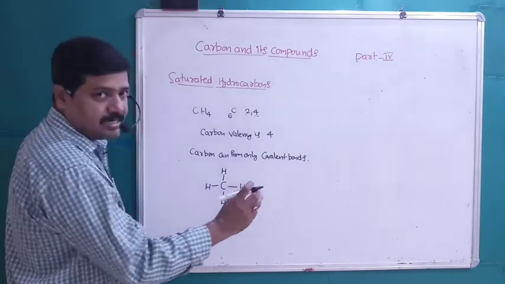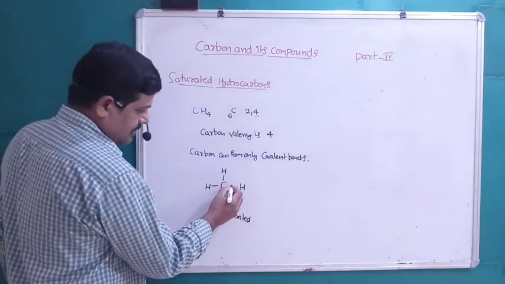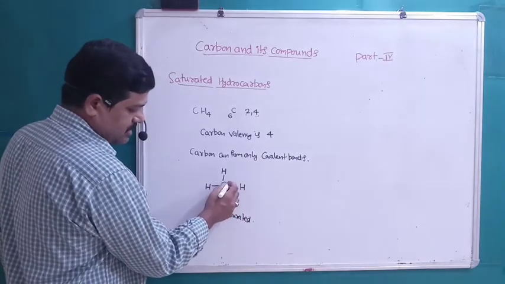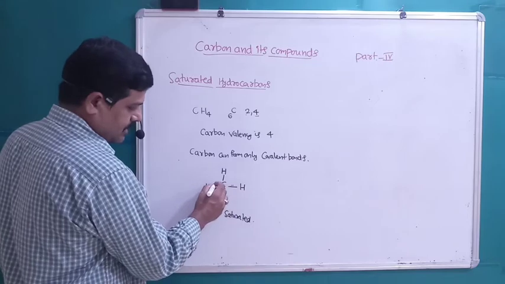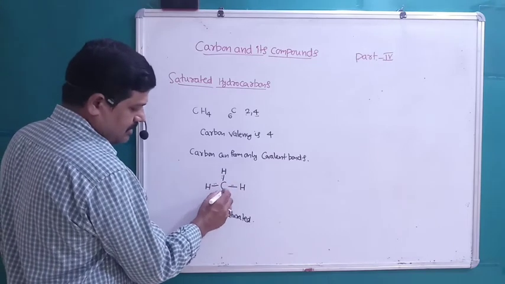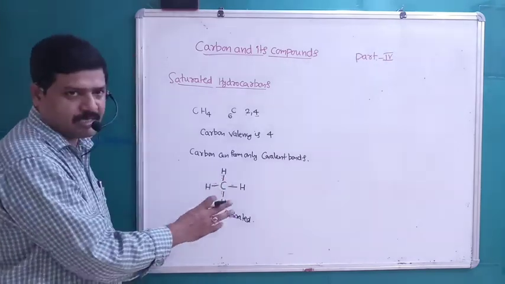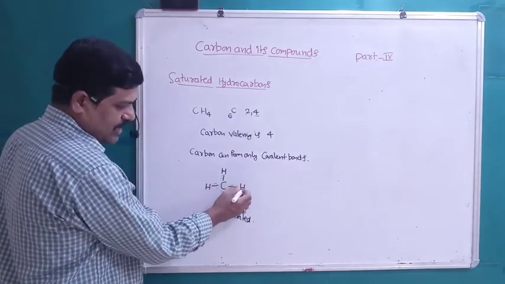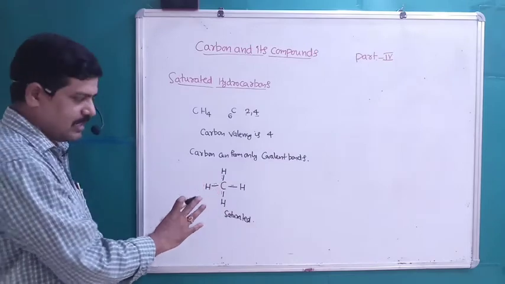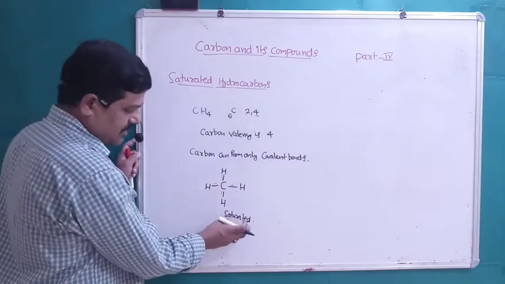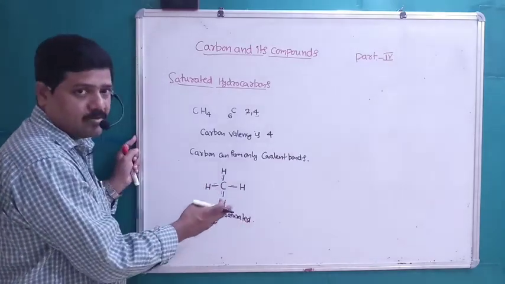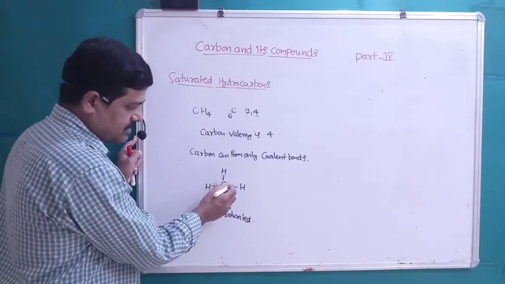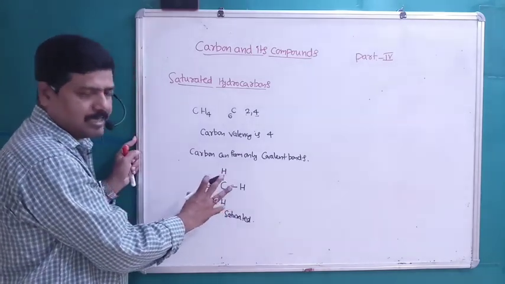One dash indicates one covalent bond, one pair of electrons shared between 2 atoms. Around the carbon there are 8 electrons, so the octet is completed. Hydrogen tries to achieve a duplet, 2 electrons, and that is also completed. So this is called a saturated hydrocarbon, which has all single bonds.